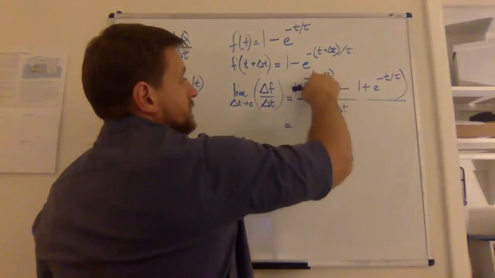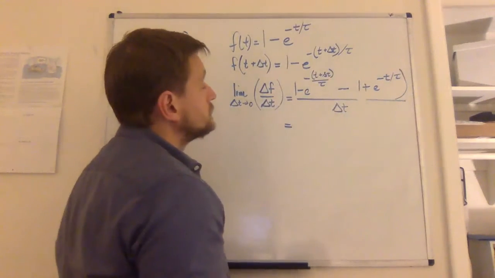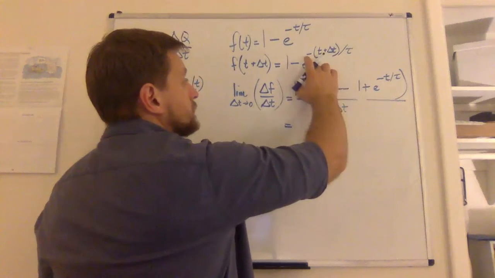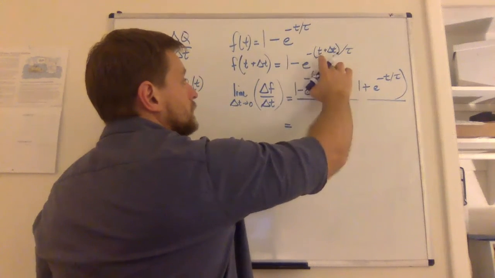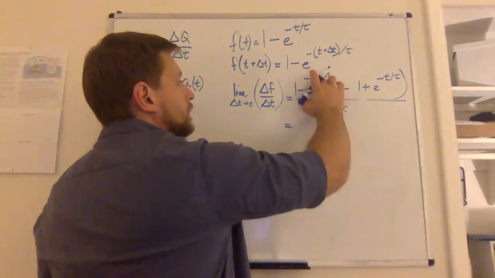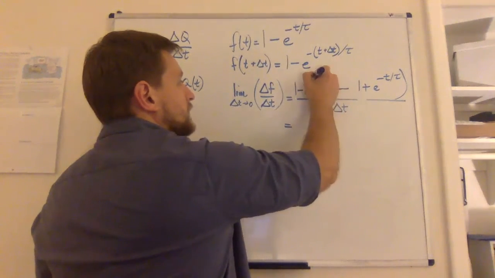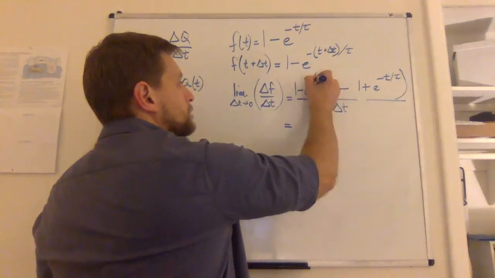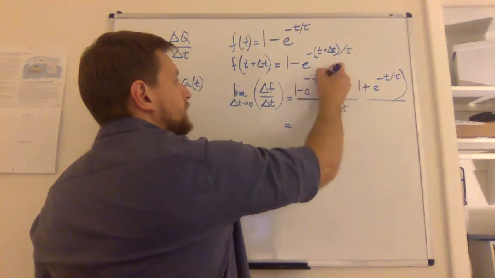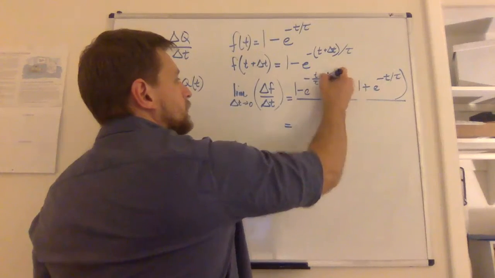Let's separate this into two fractions. Negative t over tau, distribute the minus, delta t over tau.